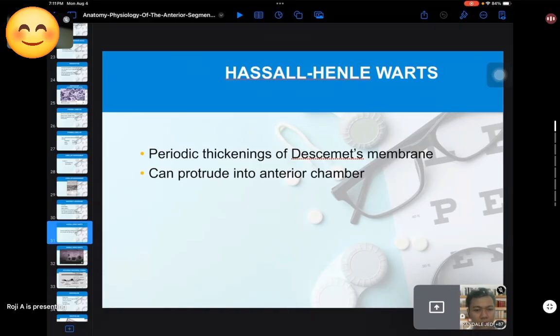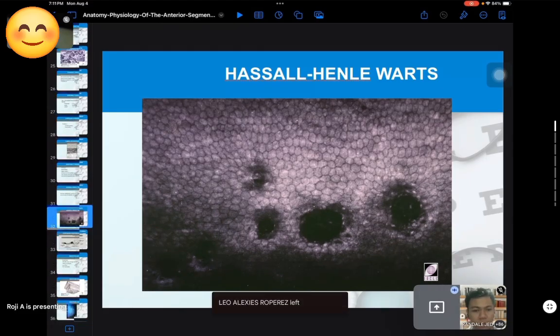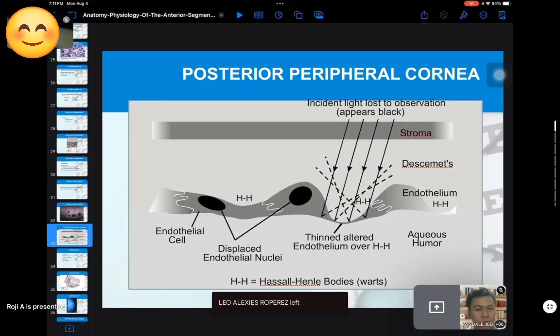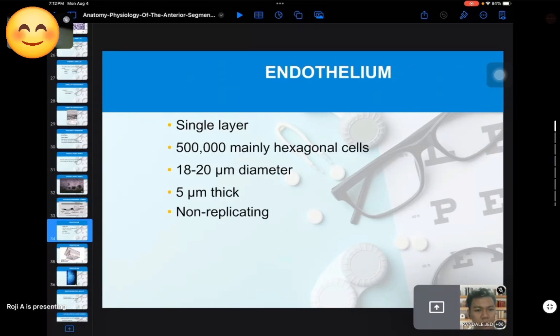So cornea also has that. This is your Hassall-Henle warts. As you can see, there's a displaced endothelial nuclei, just like a wart. So next is your endothelium, last in the ABCDE, correct?